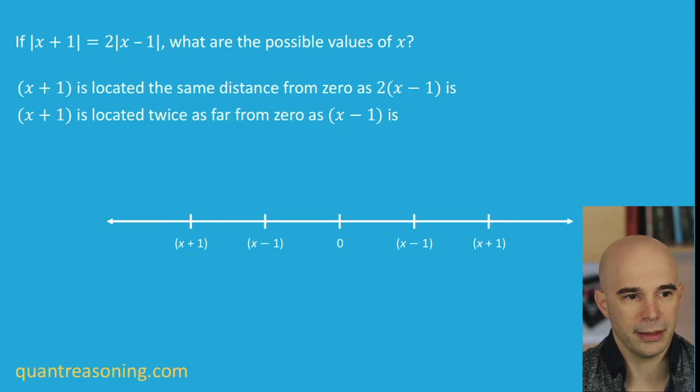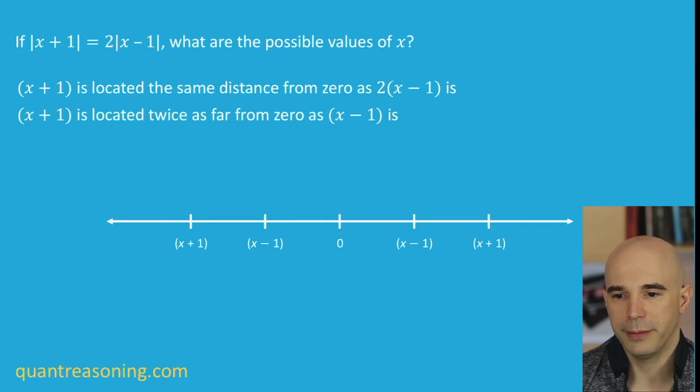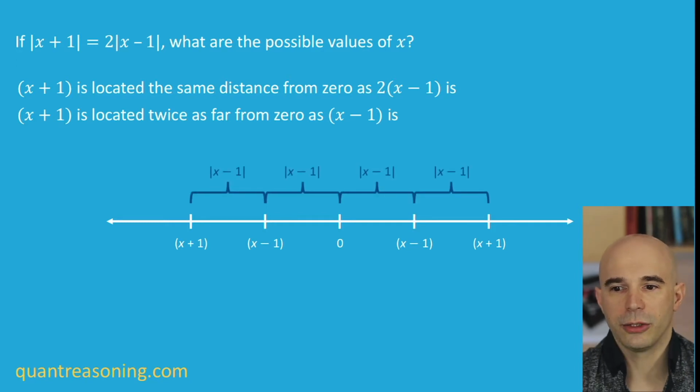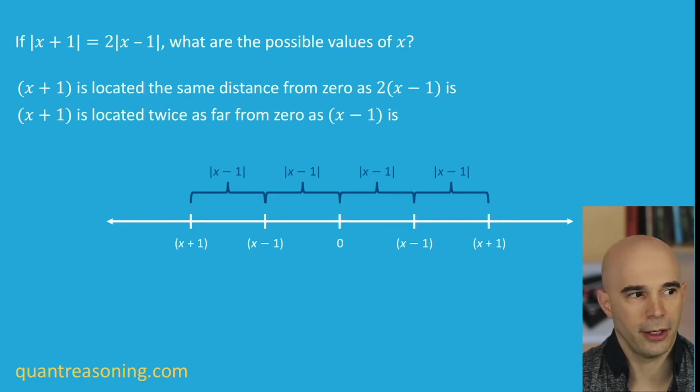What are the possibilities? Now, what are the distances among the tick marks? Well, I know that the distance of x - 1 from 0 is the absolute value of x - 1. So we can just say that each of these gaps among the tick marks is equal to the absolute value of x - 1. That's how far apart they are.